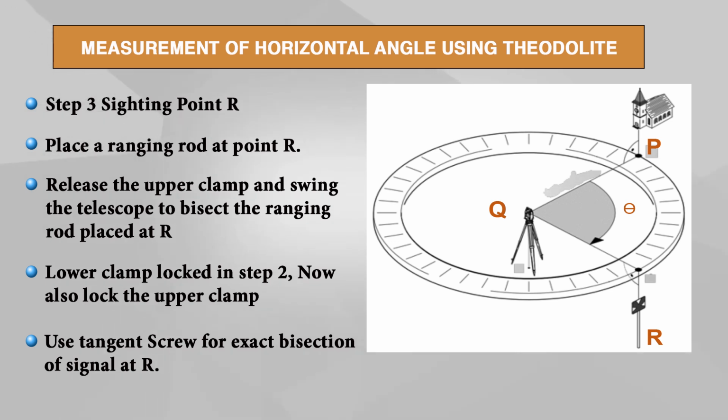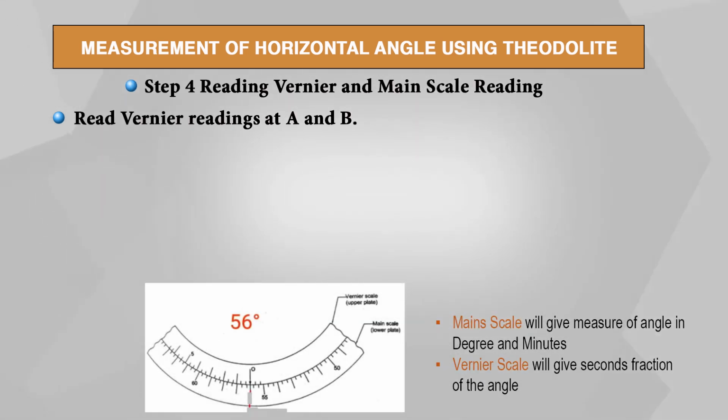So, release the upper clamp and swing the telescope to bisect the ranging rod placed at point R. We are swinging the telescope, now bisecting the other point at R, and at this point lock the upper clamp and use the tangent screw or slow motion screw for the exact bisection of the signal at point R. Read the vernier readings at A and B; both readings are to be taken.